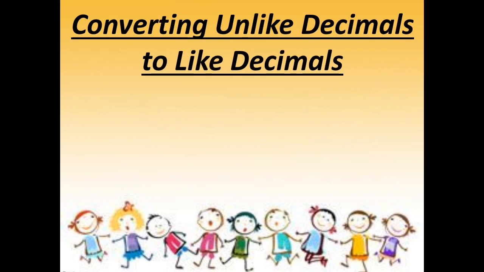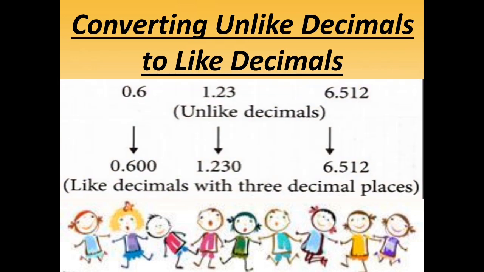Now students, next is converting unlike decimals to like decimals, and we can change unlike decimals into like decimals by adding zeros, as it does not change the value of the decimal number. The value of a given decimal does not change if one or more zeros are placed on the right side of it. Now students, here we are having one example with us, and in this example we are having 0.6, 1.23 and 6.512, and these are unlike decimals, and here maximum number of decimal places in the given numbers is 3.